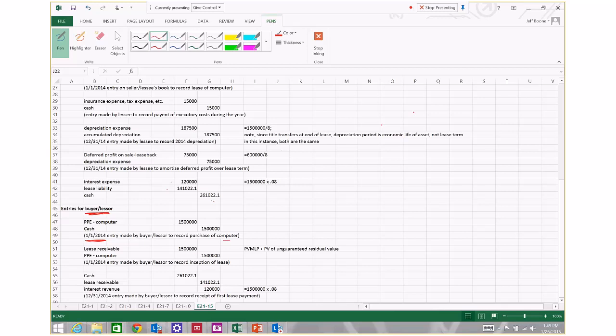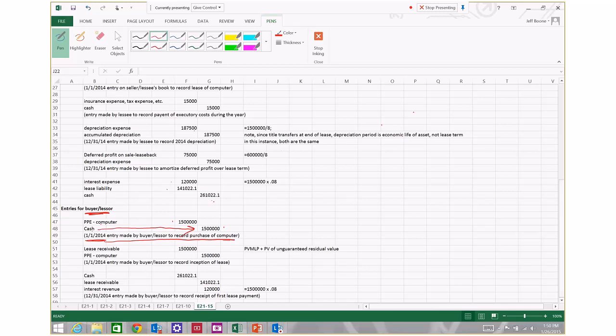Well, they cut a check to the seller for $1.5 million, and by cutting that check, they acquired the ownership of the computer. So the entries: debit property, plant, and equipment for the purchase price of $1.5 million, credit cash for $1.5 million. That's the entry to make by the buyer lessor to record the purchase of this equipment.